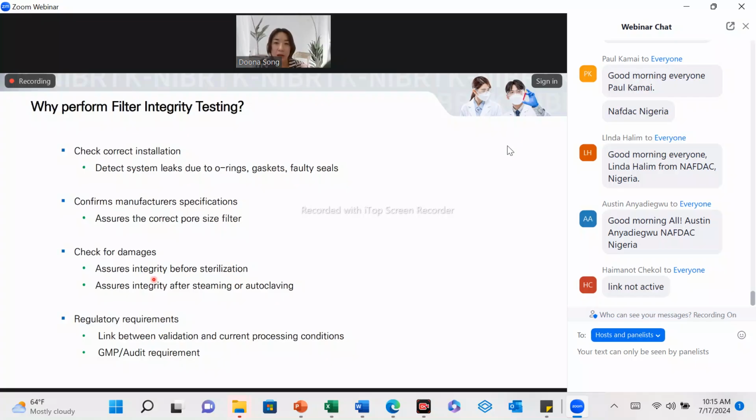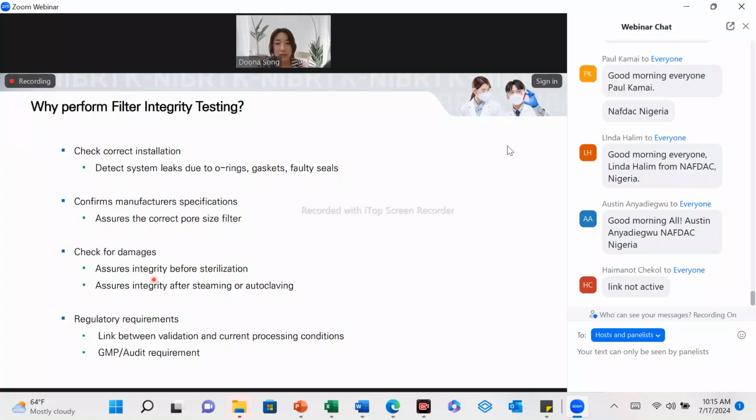And second, confirm manufacturer's specification. This test confirms that the filter meets the manufacturer's specification. It ensures we are using the correct pore size filter for our process. And third, check for damages.